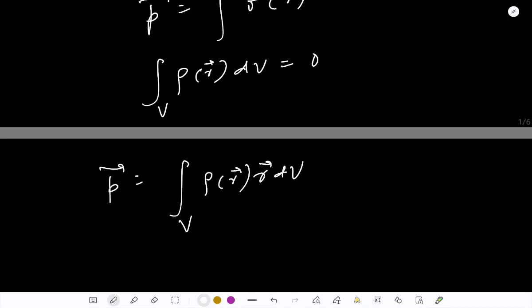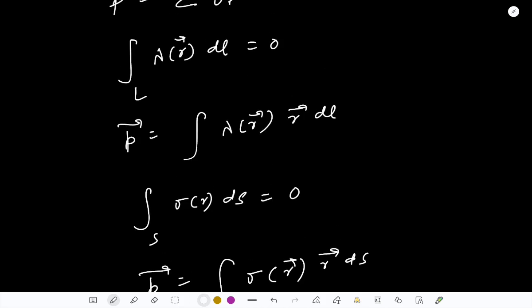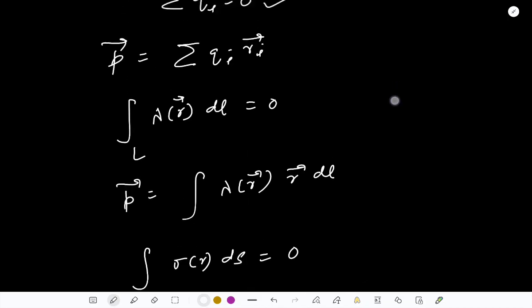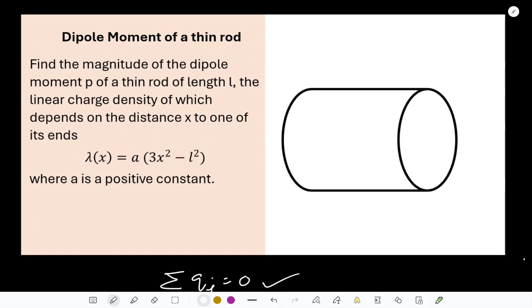Now, how can we solve this particular problem? I'm going to show you pretty soon how we can solve such kinds of problems. So let's read the statement of the problem again, and try to find out how we can do this.